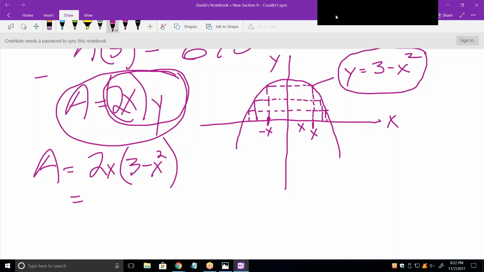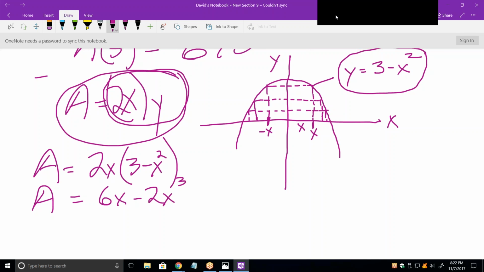But in this case, it's a little easier to substitute for the y. Notice that if I solve for the x, I'm going to have a plus or minus value. Don't want to have to deal with that. So I solve for the y, substitute for the y. Now I distribute. I get that. That's my area function.